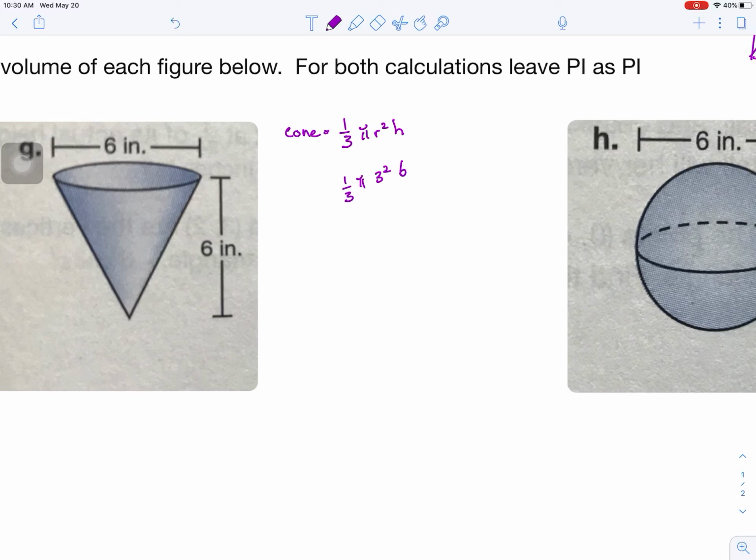Another way to write this, just so that it's easier, is pi times 3 squared times 6 over 3. The 3 cancels itself out, so we get 3 times 6, which means that our answer will be 18 pi inches cubed.